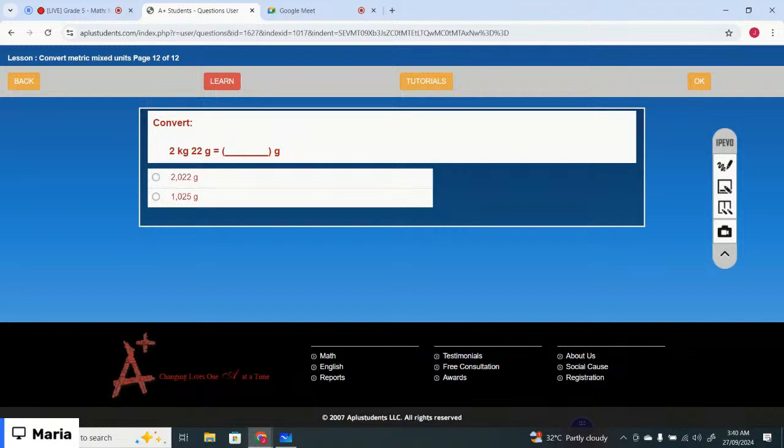Option number 1 is the correct option. That is 2022 grams. Okay, we are done with the lesson.